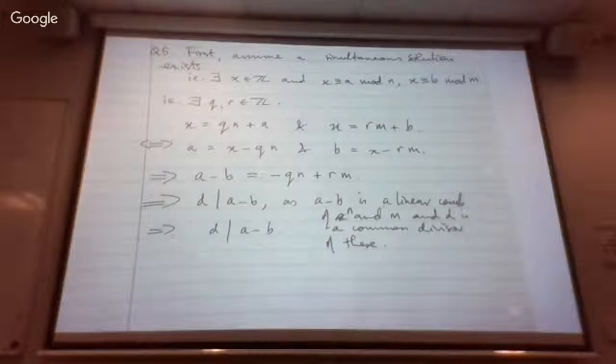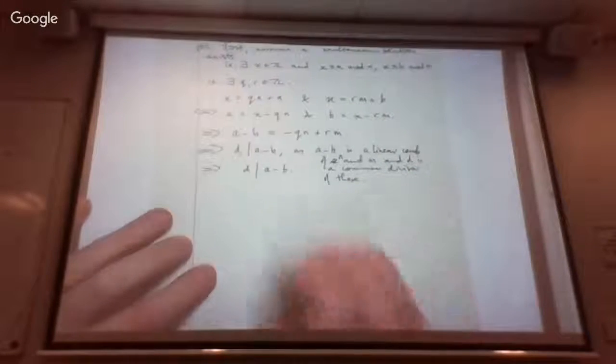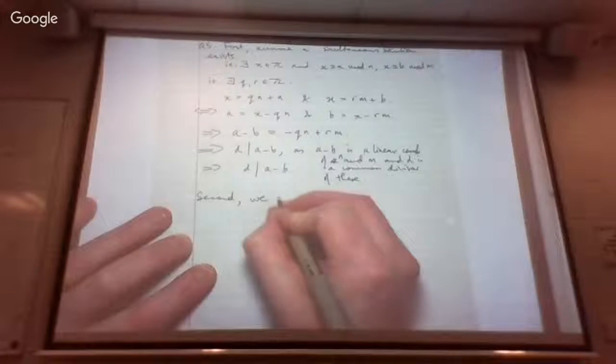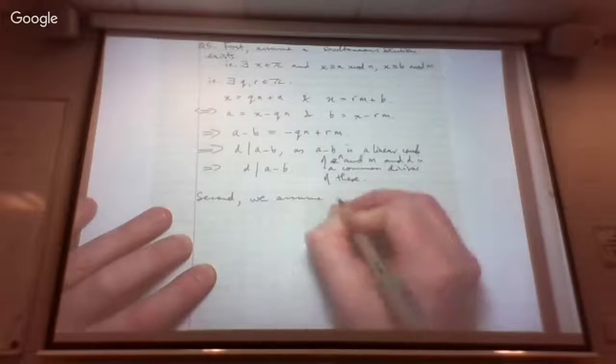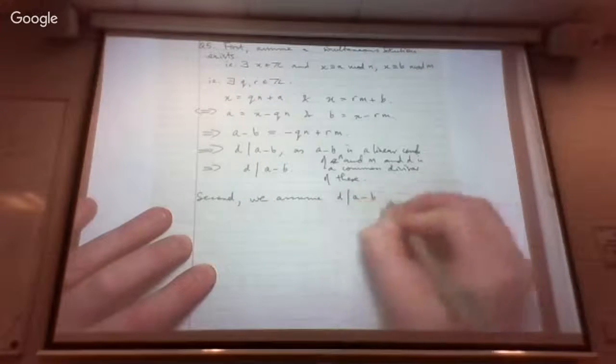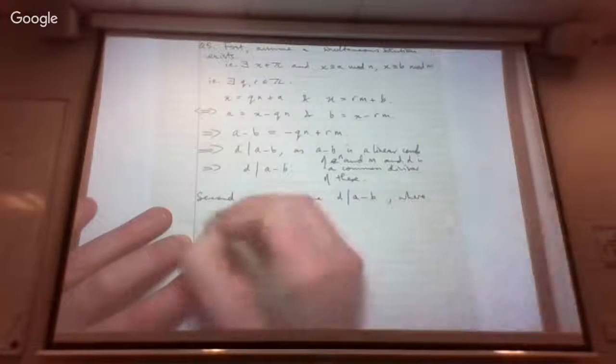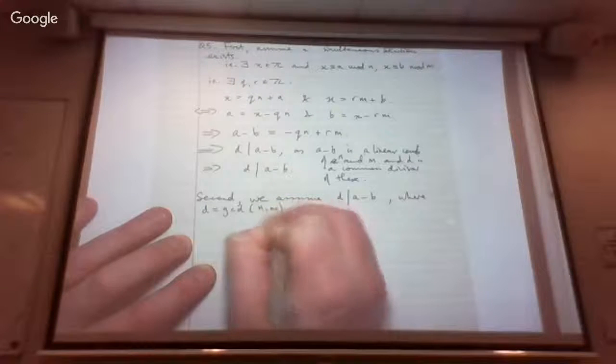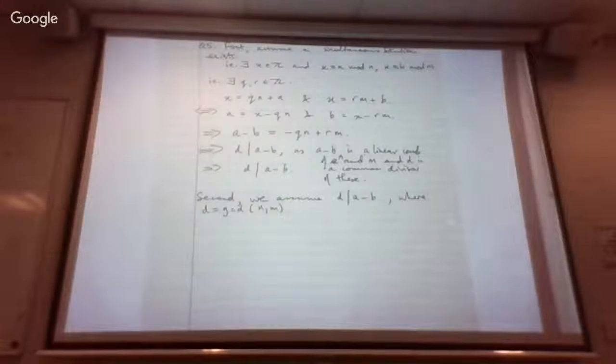Now we've got to go the other direction. So now a separate argument. We assume D divides a minus b, where D is the GCD of n and m. Now we're looking for simultaneous solutions.